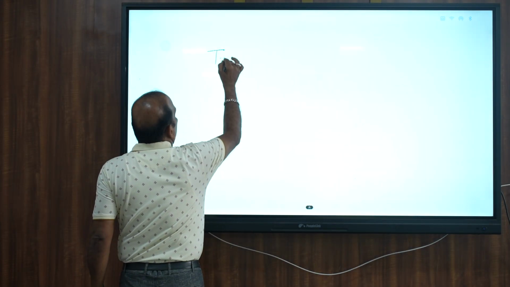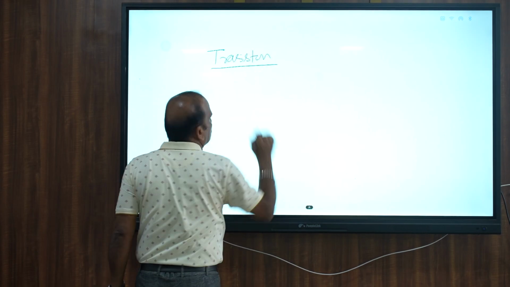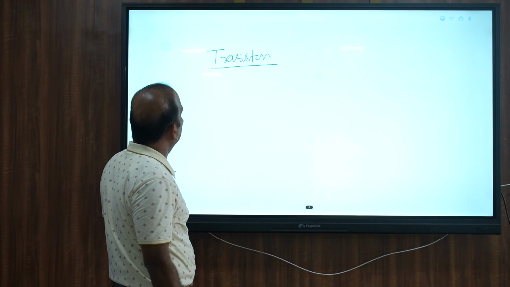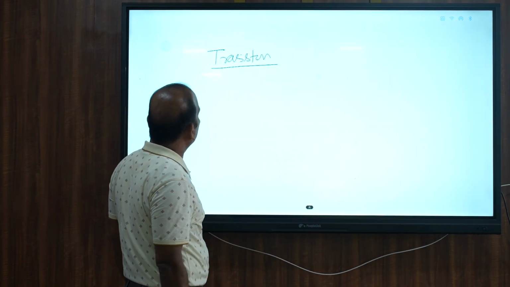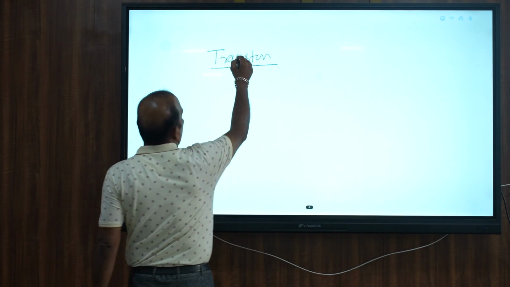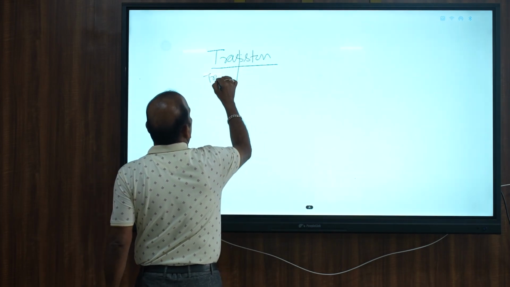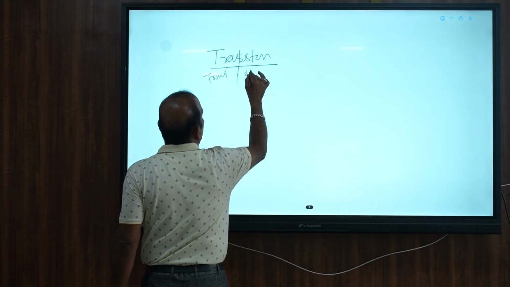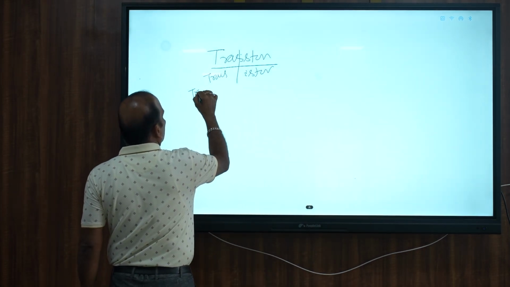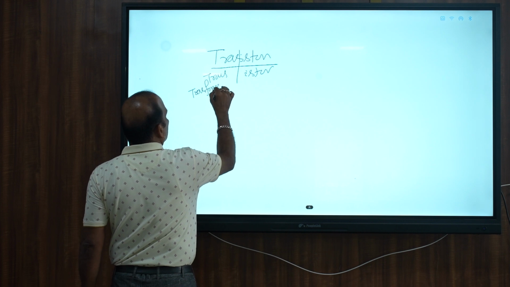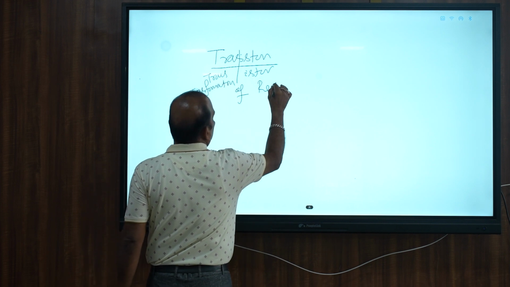What is a transistor? If you break this word into two parts, one is "trans" and another is "istor". This "trans" stands for transformation of resistor.